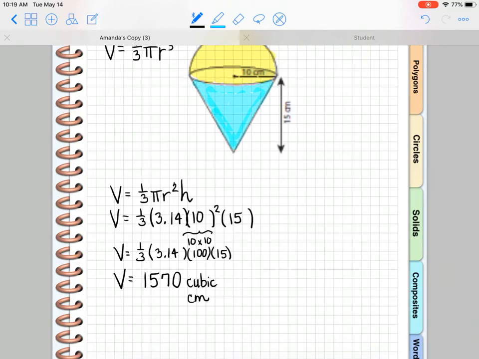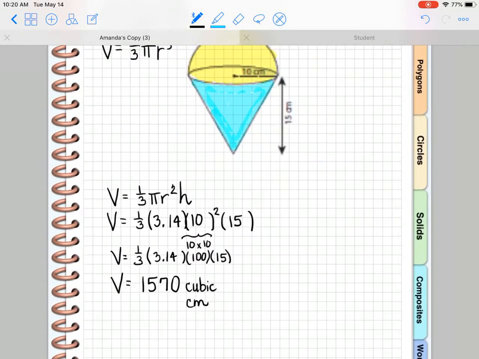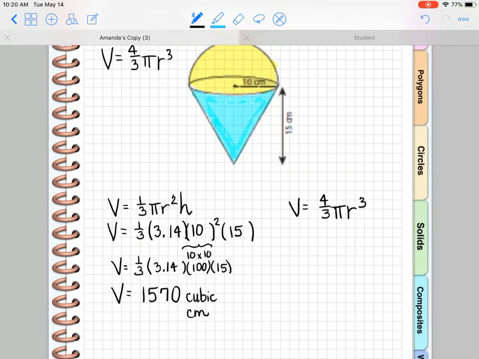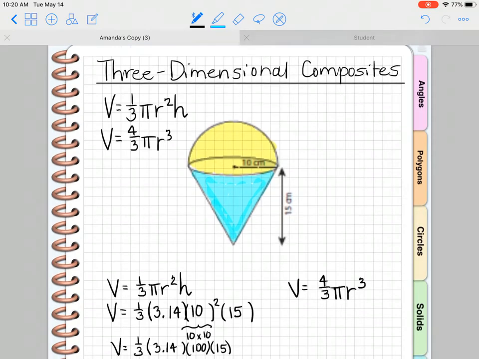So the cone part of this composite is just over 1,500 cubic centimeters. Okay, let's do the sphere part. So we have V equals 4/3 pi r to the third power. Remember that exponent for the sphere is to the third power.